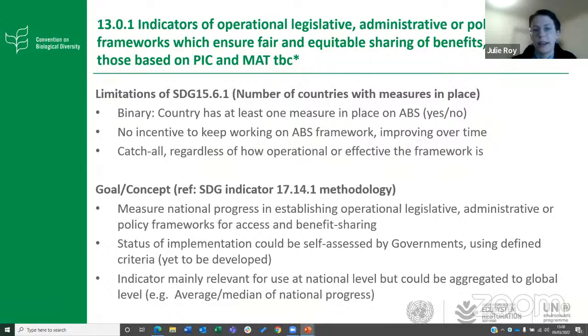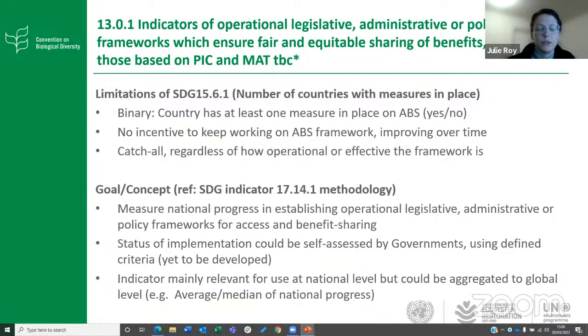So it's really a catch-all. It doesn't matter what kind of measure is in place, you will be counted as having a measure and therefore having achieved the target. So there's really no incentive built in to keep working on your ABS framework and improving over time. And it also doesn't reflect anything about how operational or effective your national framework is.